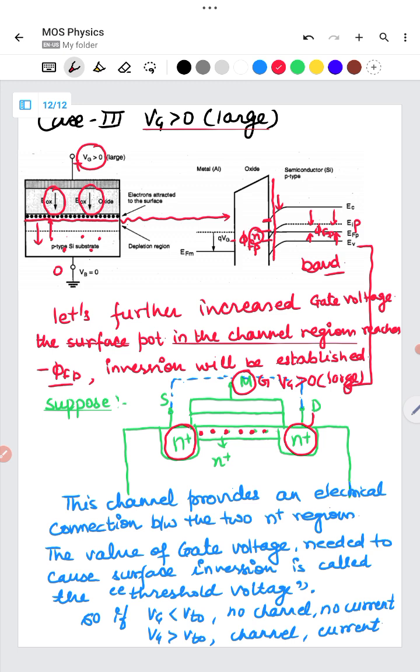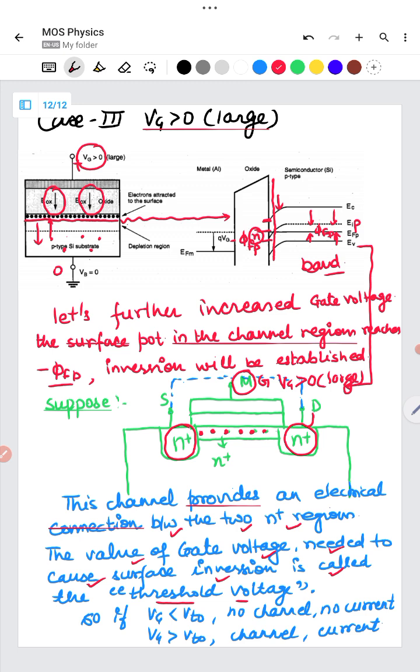This channel basically provides an electrical connection between the two N plus regions. The value of gate voltage needed to cause the surface inversion is called the threshold voltage of the MOSFET.